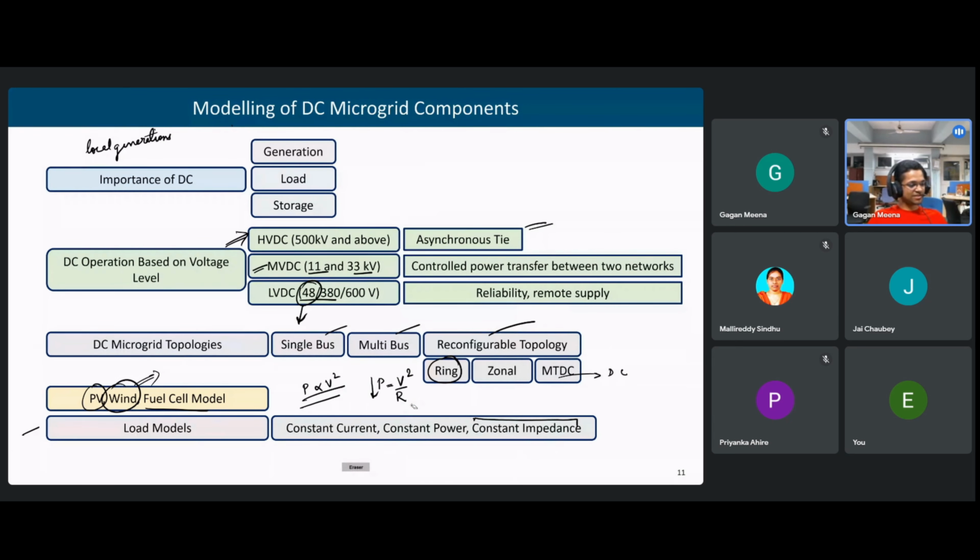And when we do power flow analysis, we generally consider one type of load. Which one is that? When we do these load flow studies, we model the load buses as PQ buses, right?